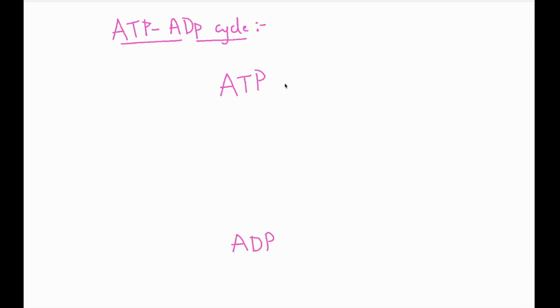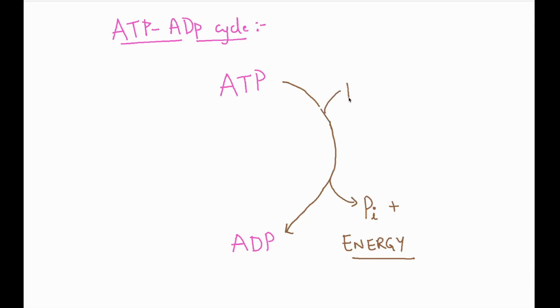So in the first phase, ATP can be broken down to produce ADP and inorganic phosphate, and in the process also releasing energy. And this is a hydrolysis reaction, meaning it requires water. Okay. So this is the first phase of the ATP-ADP cycle. And when energy is available, ADP is again regenerated back into ATP. Okay. So this is the next phase.